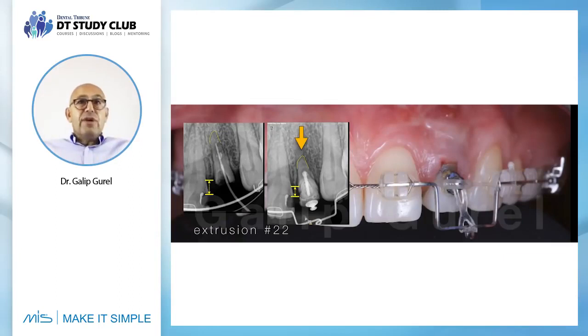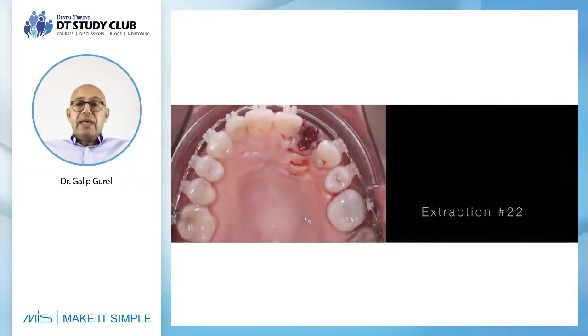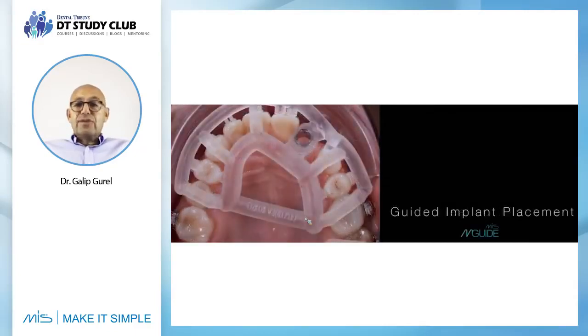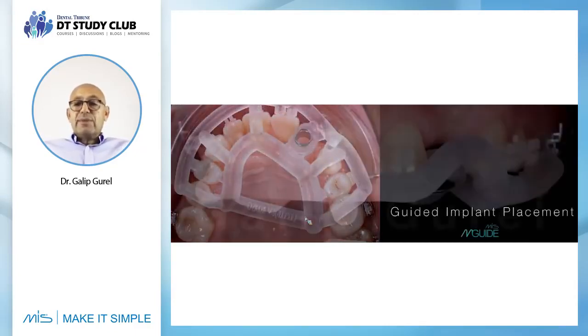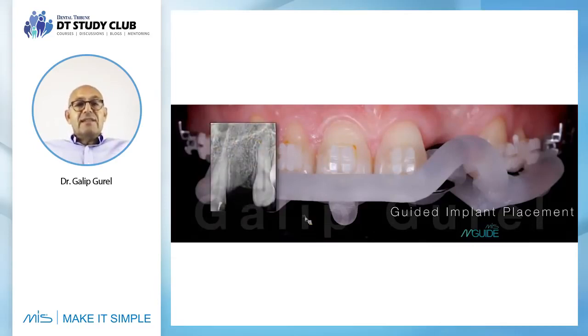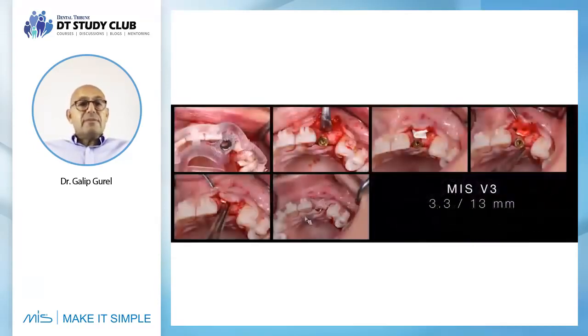All this refers to an amazing papillary formation. So this is the interproximal bone that we created. After that, it's the extraction, the healing, waiting for the healing, guided implant placement with MIS, and as you can see here, this is the final bony structure.